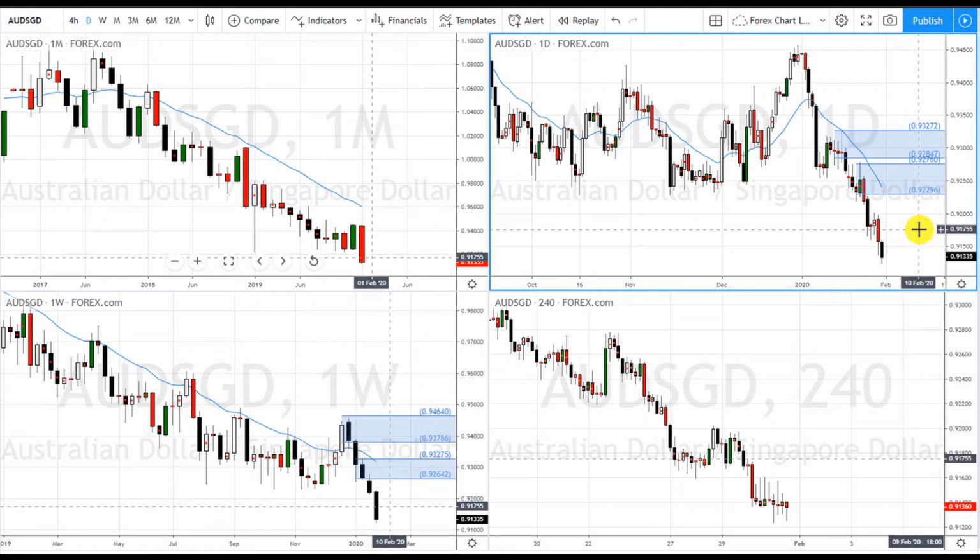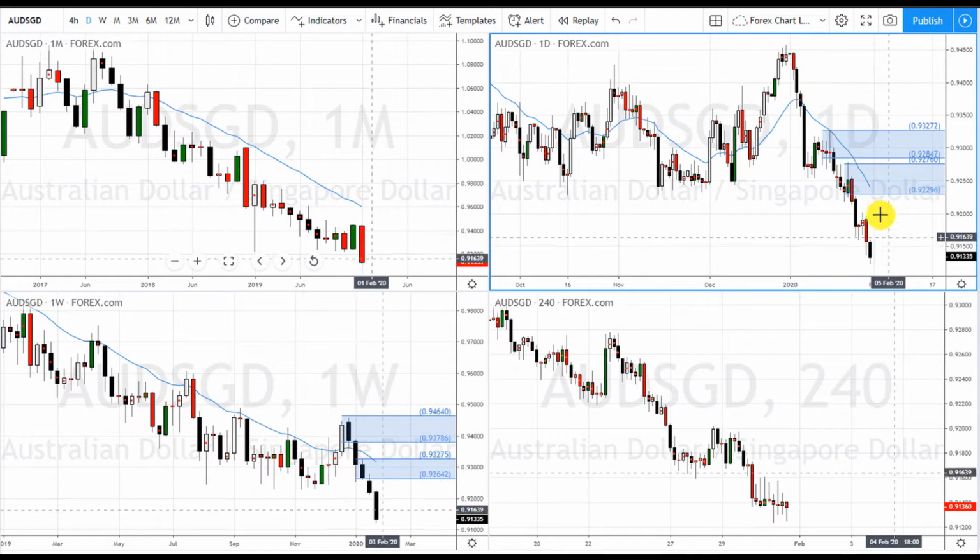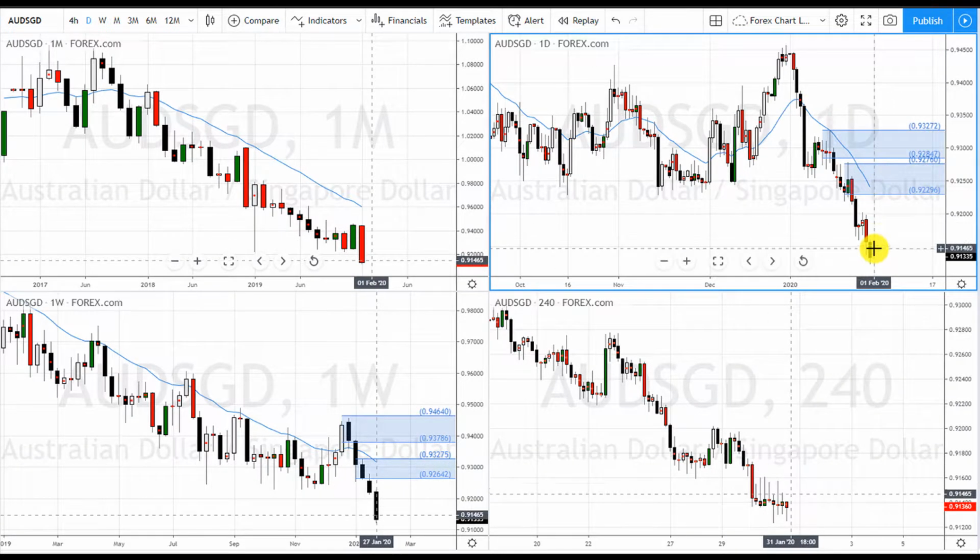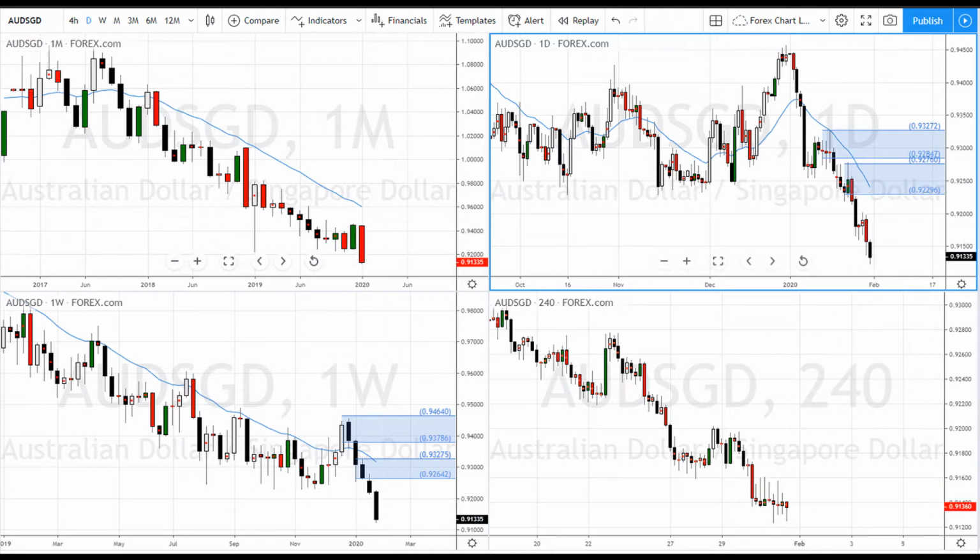But if price makes a big candle, like for example, if it just does this tomorrow and does this, then we don't want that.